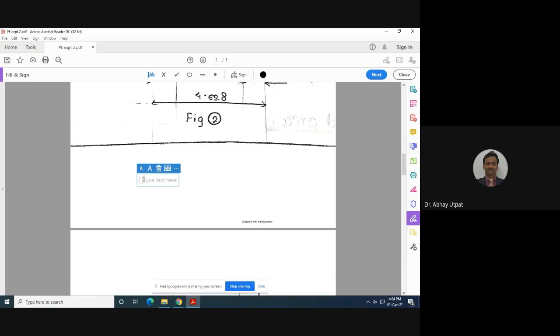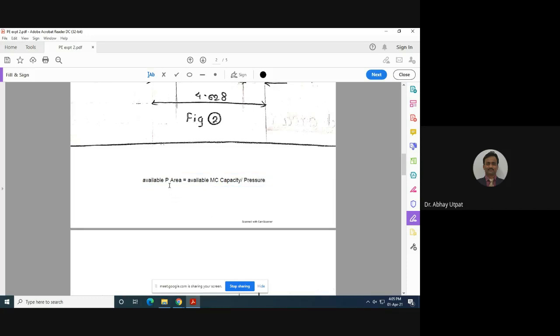Available projected area is equal to available machine capacity divided by injection pressure.